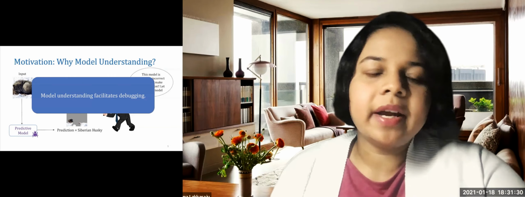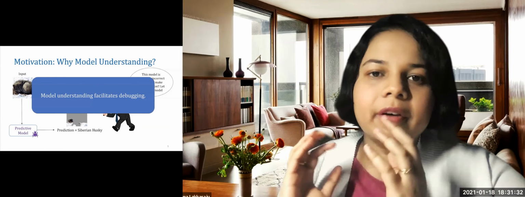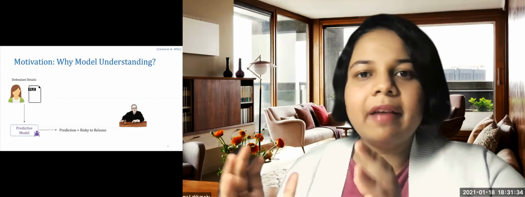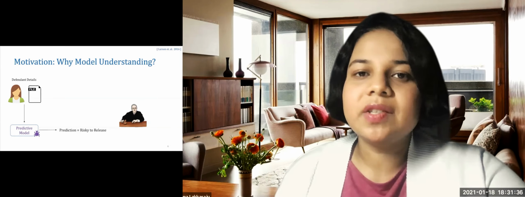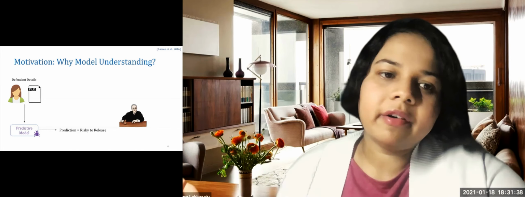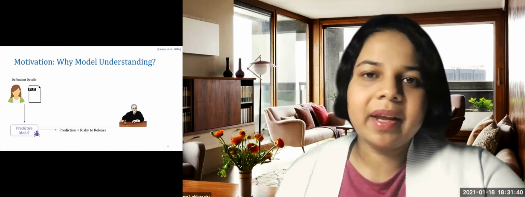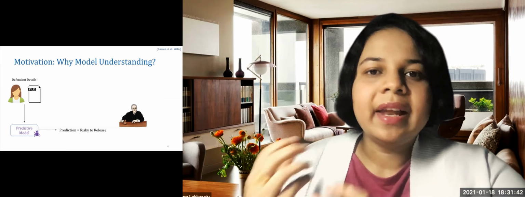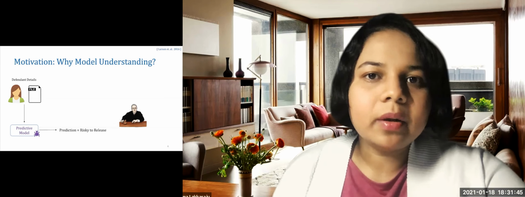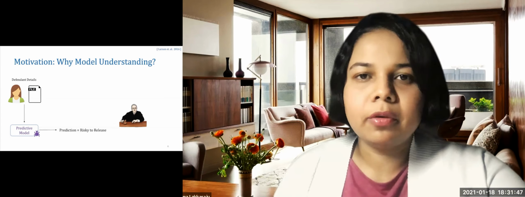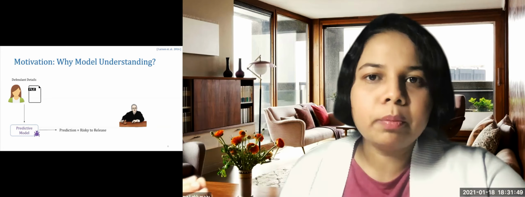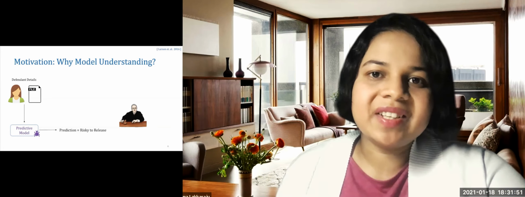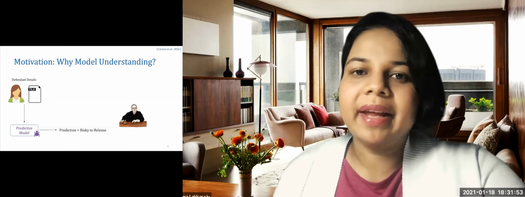Now let's consider another example where we have a defendant. Let's say we have a lot of details about this defendant, including her prior criminal history and socioeconomic information and so on. Let's say that there is a predictive model which basically takes all this information as input and outputs if a particular defendant is risky to release on bail or not.